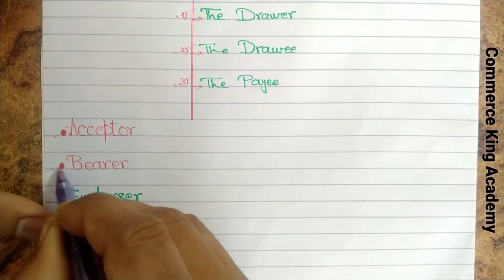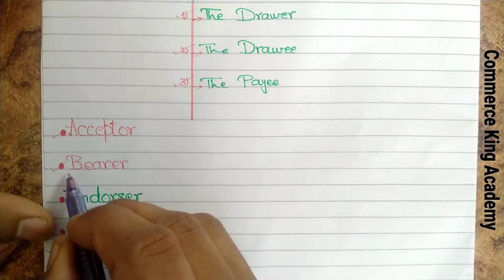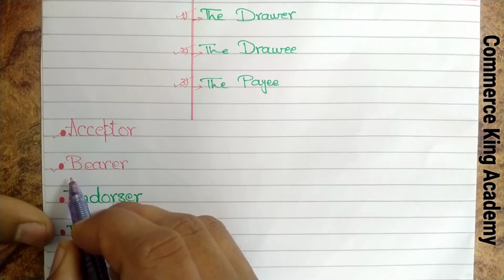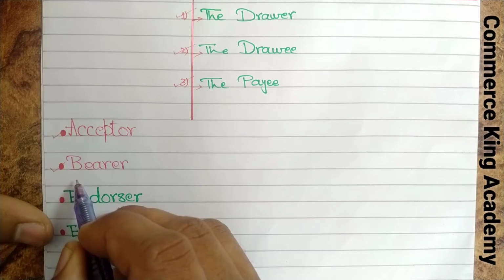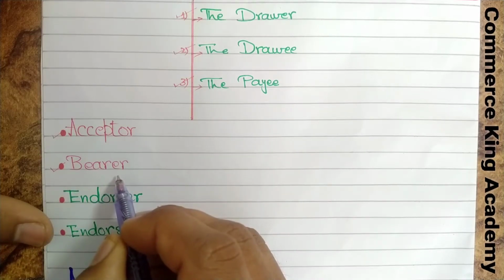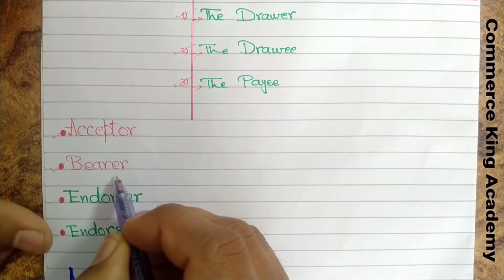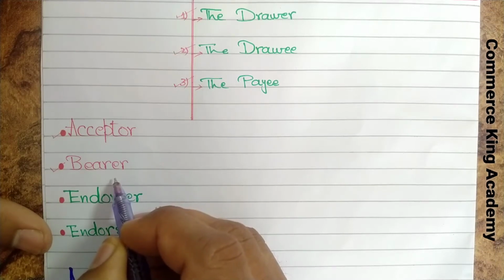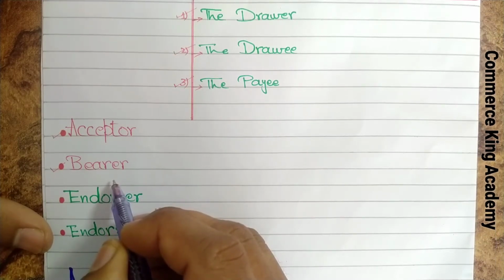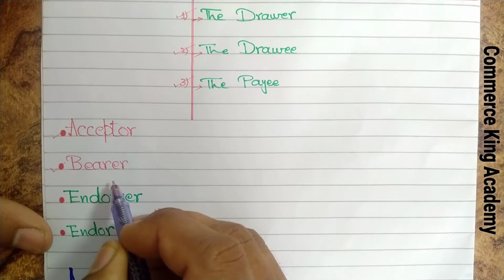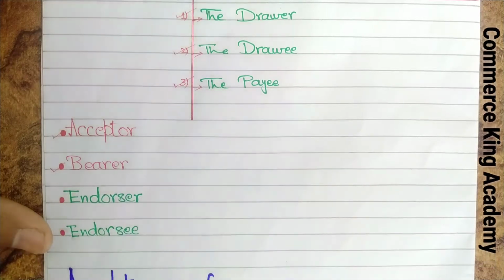Next is the bearer. Who is the bearer? The bearer is the person who is in possession of a bill of exchange. He is also called the holder. The bearer and the payee are usually the same person.